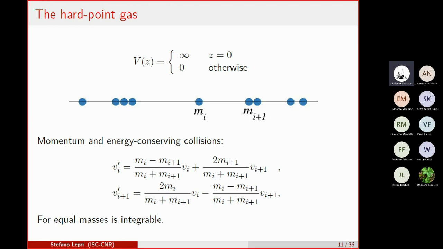So you can consider an extreme case in which you replace this exponential with a kind of infinite barrier. And of course, if the masses are equal, when two particles collide, they just exchange their velocities. So the set of initial velocities remains constant during all the motion. So this is the simplest example of an integrable system.